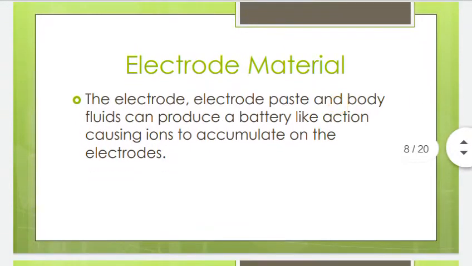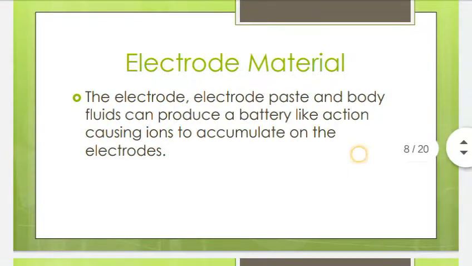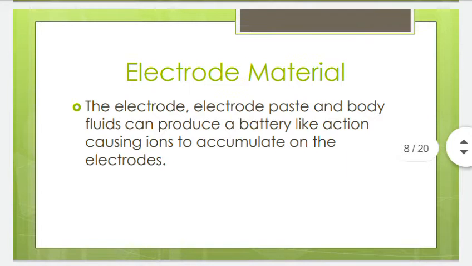Next we are going to see about the electrode material. The electrode paste and the body fluids can produce a battery-like action, causing ions to accumulate on the electrodes. We know the operation of a battery, right?